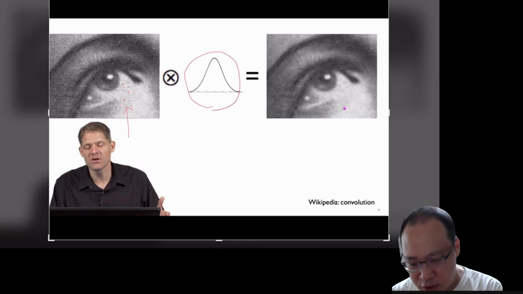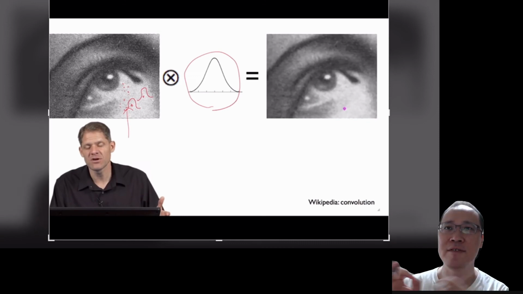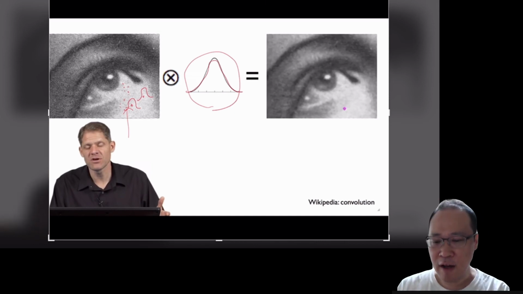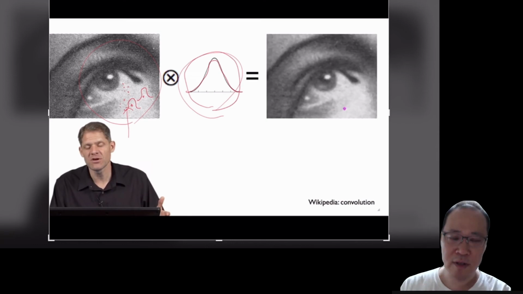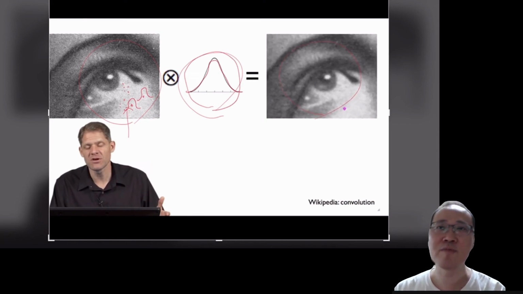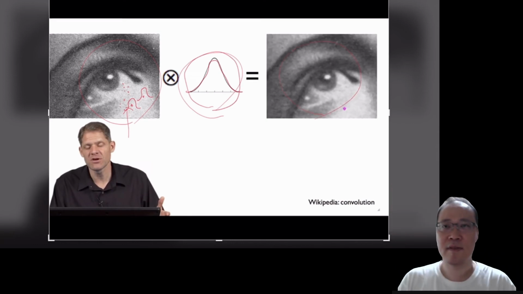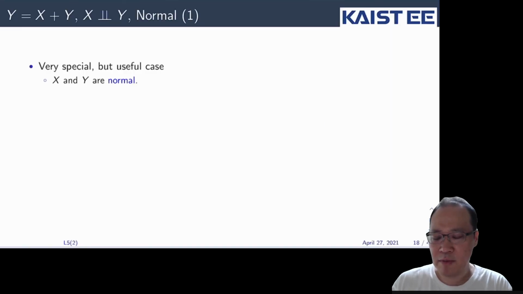Why is that? Because for each pixel value we get a smoothed version of the value, since this is a normal-shaped PDF. So if we do the convolution between this and a continuous normal distribution, we get a very smoothed image.